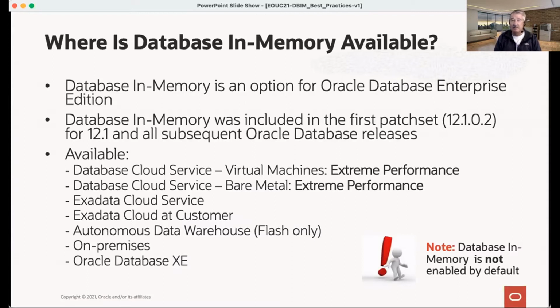We're even in Autonomous Database, in the Autonomous Data Warehouse on Flash. I'll talk a little bit about the ability on Exadata to use Flash with Database In-Memory as well. And then on premises, of course, and even in Database XE. XE 21c was just recently released, and you can run Database In-Memory even on Oracle Database XE. So pretty much the takeaway is that anywhere Oracle Database runs, Database In-Memory can run.